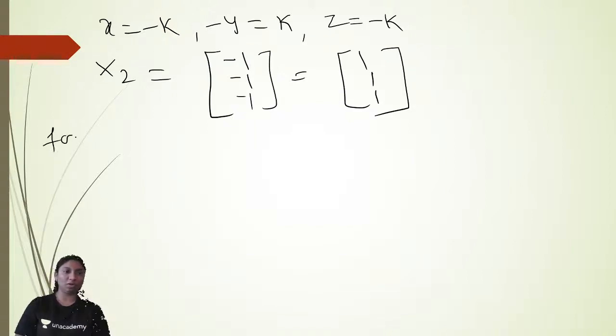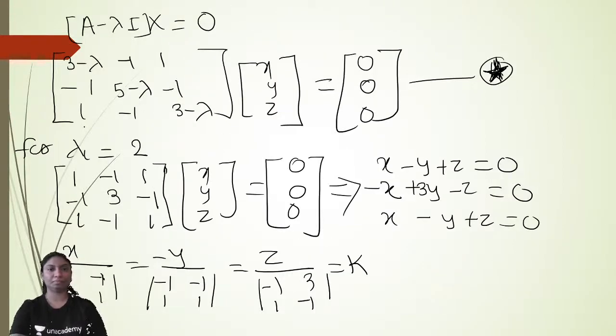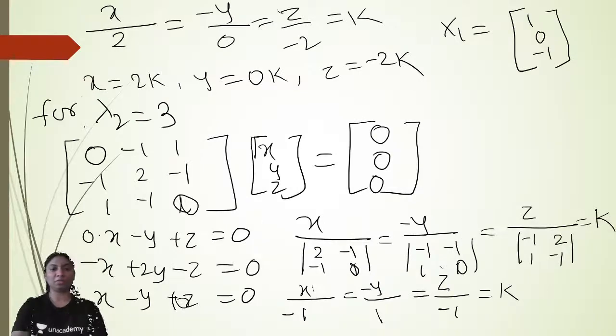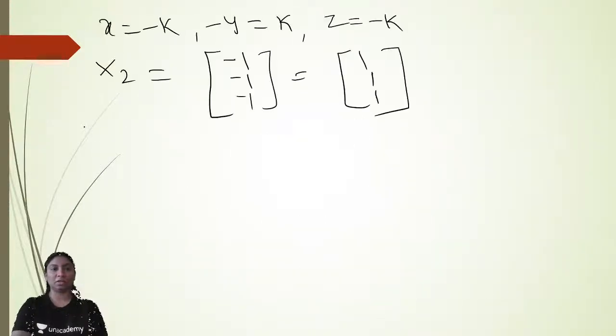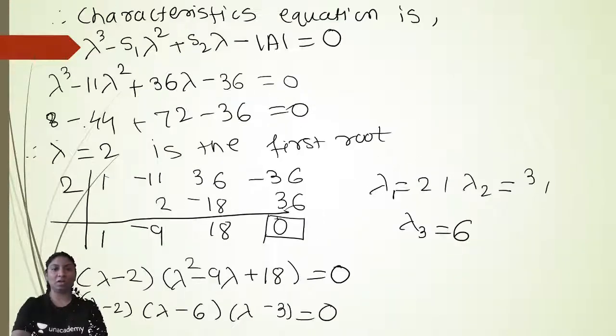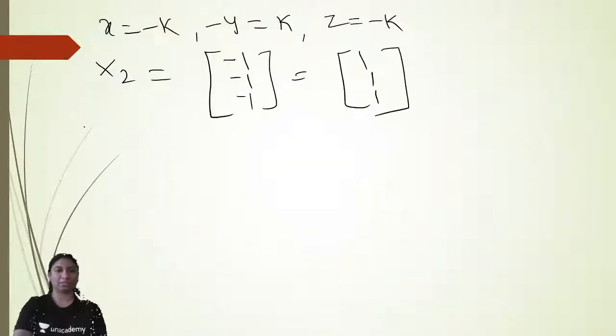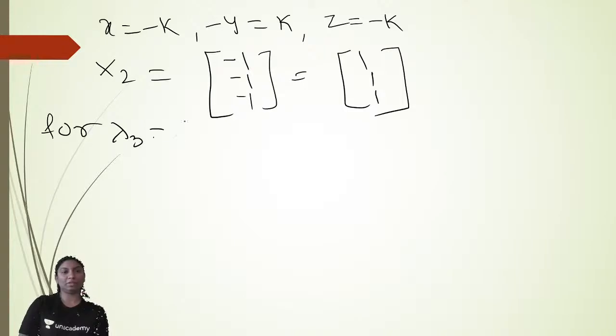Now for eigenvalue lambda, now see all the values are covered. For lambda 1 is equal to 2, for lambda 2 is equal to 3, and for lambda 3 is equal to 6. Okay, for lambda 3 is equal to 6.